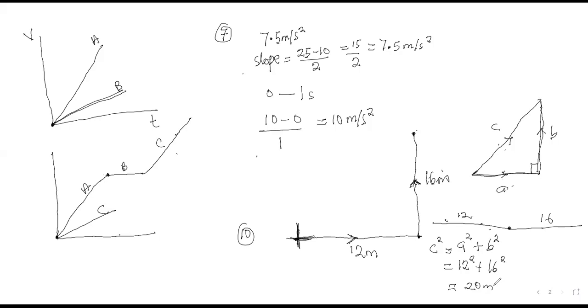From 1 to 3, zero acceleration, meaning velocity is constant. From 3 to 5, the object is uniformly accelerated again. 5 to 6, zero acceleration. 6 to 8, uniformly decelerated motion. 8 to 10, another uniformly decelerated motion.